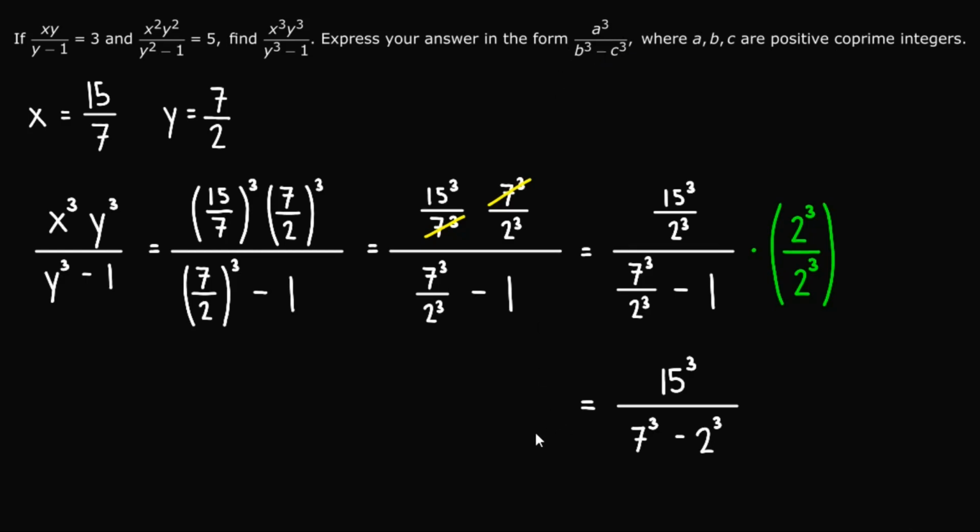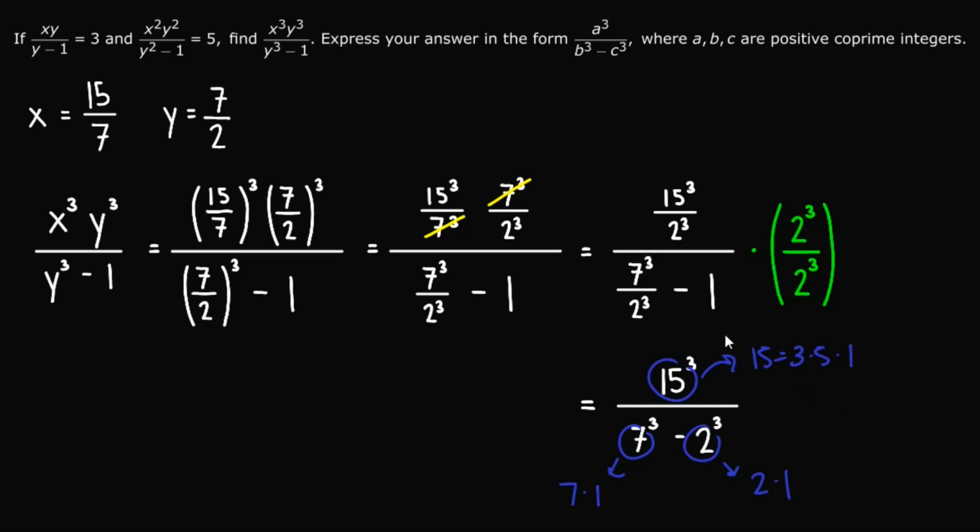The only thing we need to check is whether 15, 7, and 2 are positive coprime integers. Clearly, these 3 are positive. Moreover, these 3 are coprime since 2 is just equal to 2 times 1, 7 is equal to 7 times 1, and 15 is equal to 3 times 5 times 1.